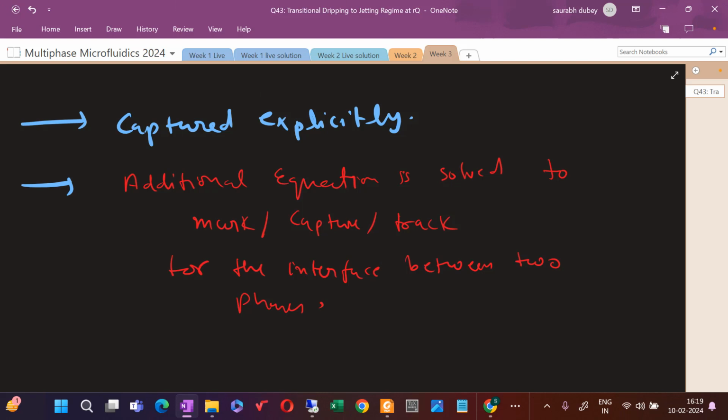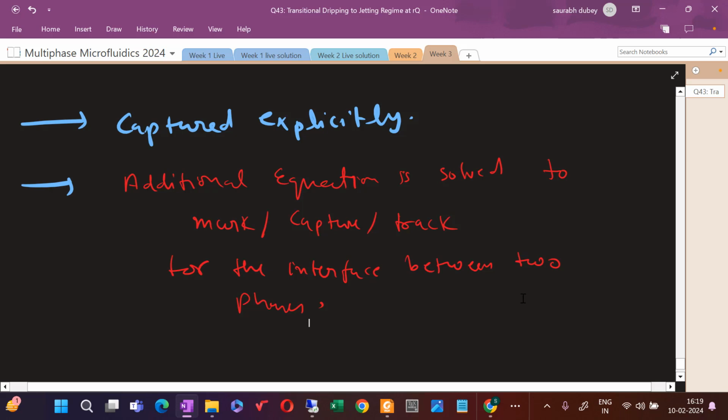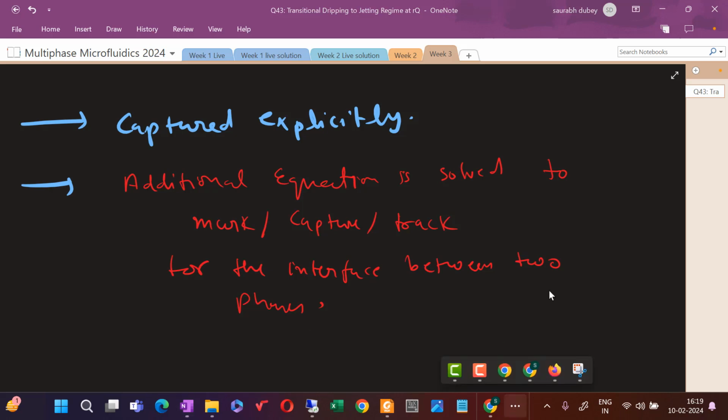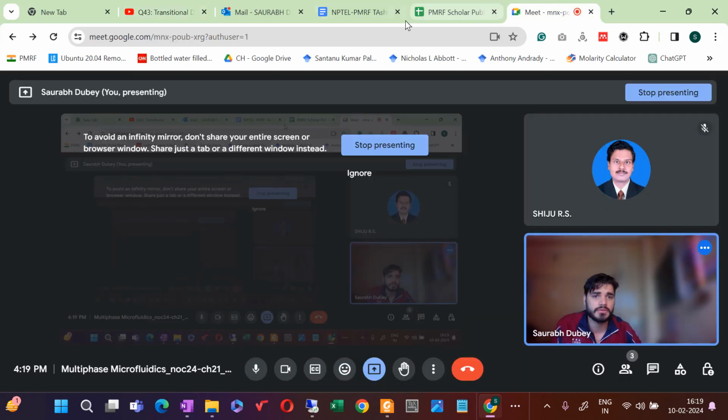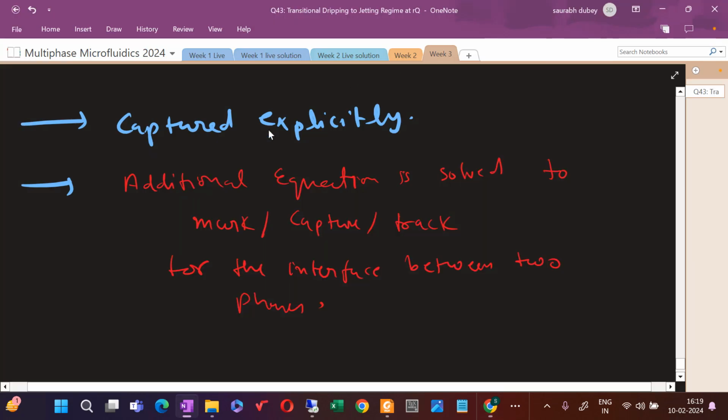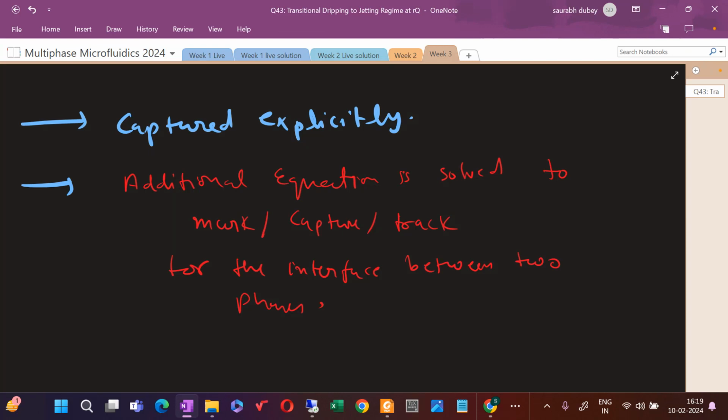And if you see this, what happened? Yes, so this is the one thing that you need to solve an equation in order to capture the interface.